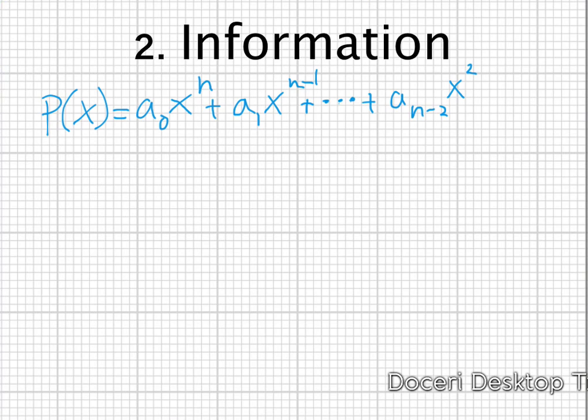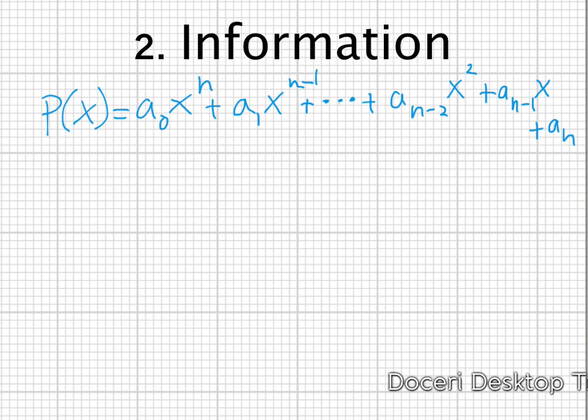So I get a sub n minus 2 x squared plus a sub n minus 1 x plus a sub n.